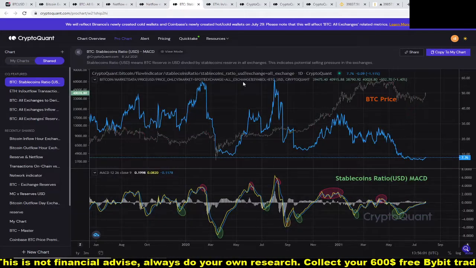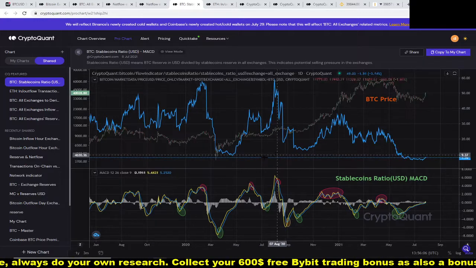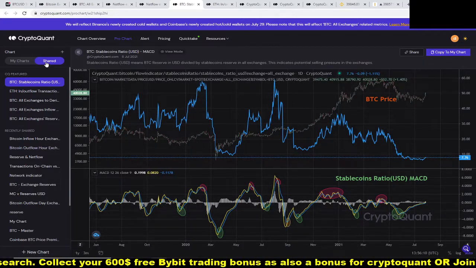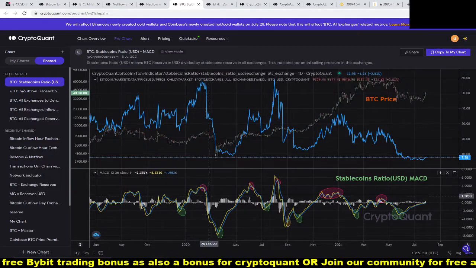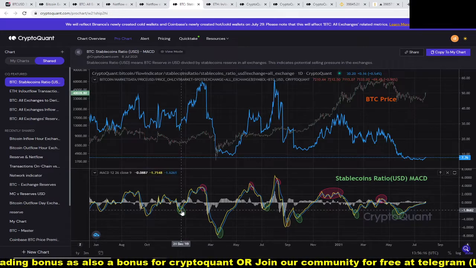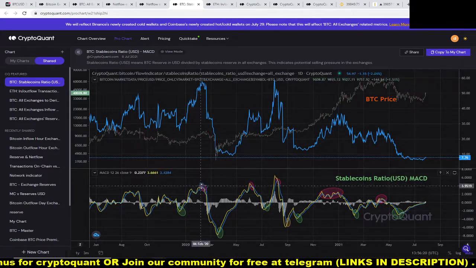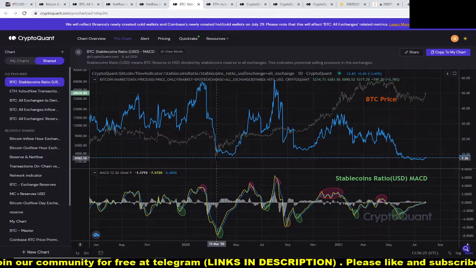Then this one is the amount of stable coins onto exchanges. And you can simply select this one right here. It's at the chart tab. So whenever you see the MACD crossing up, you will see that the price will go up. Whenever you see the MACD going down, you will see that the price will start falling down.